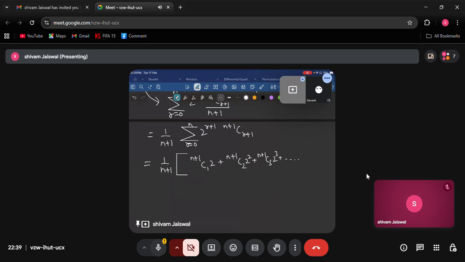For r equal to n, it will be n plus 1 Cn plus 1 into 2 to the power n plus 1.